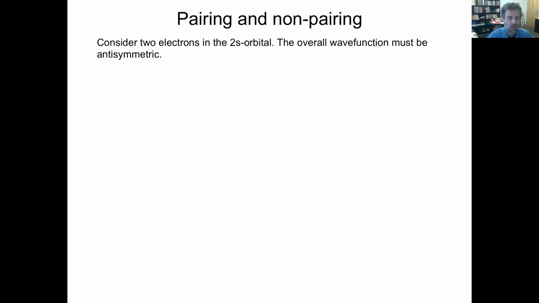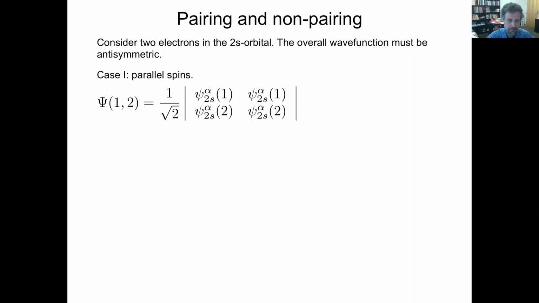Okay, so let's consider now 2 electrons in the 2s orbital. So this is not necessarily helium. This could be a different orbital, different element. I'm going to ask myself the question, I have the 2s orbital, and I'm going to put 2 electrons in there.